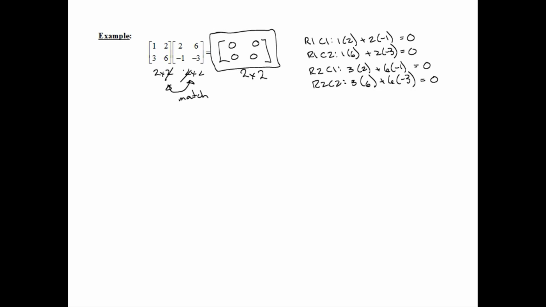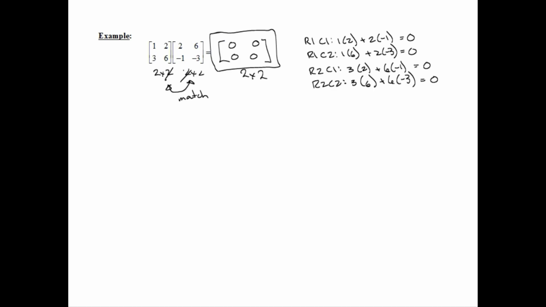Let's look at another example. And actually, if you compare these two, I should have put them on the same page. Here we have, let me just write it out before. In our previous example, we discovered that if we did 1, 3, 2, 6 like this times 2, -1, 6, -3, we got 0, 0, 0, 0, the 2 by 2 0 matrix.